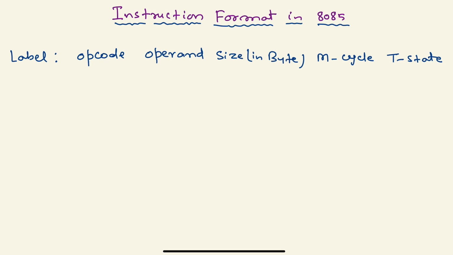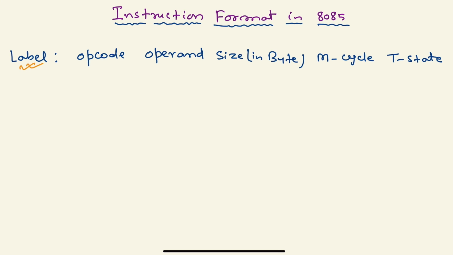So before going into the detail of these instructions based on their operation, we will see the instruction format in 8085. The very first field of this instruction format is the label. This label is used whenever we are writing a program with a loop, by using jump or call or some other kind of instructions where looping is required, then we need to use the label there.